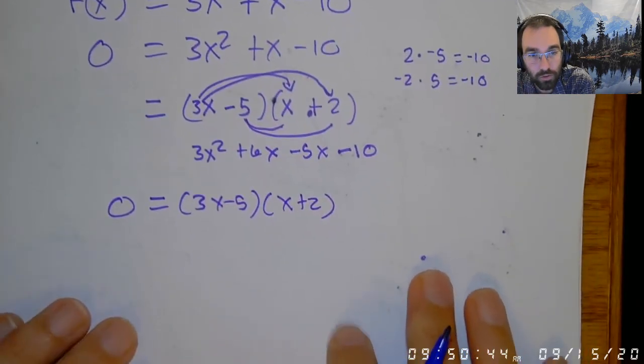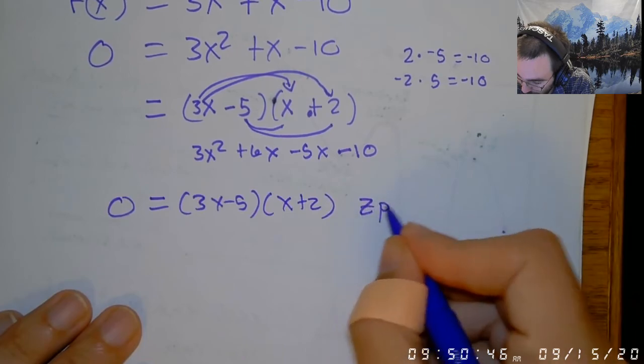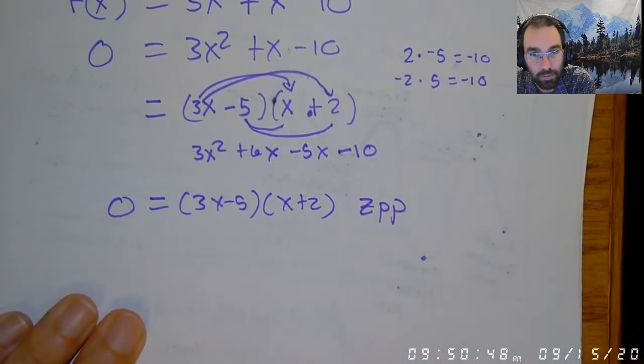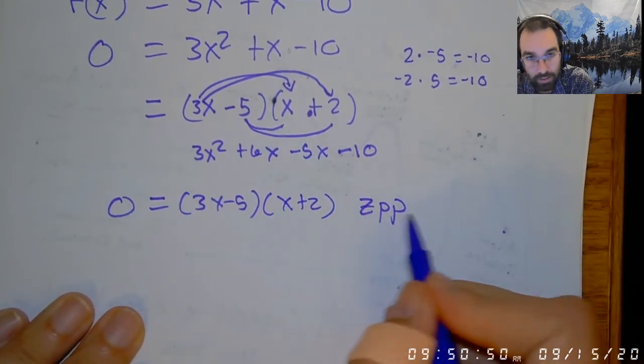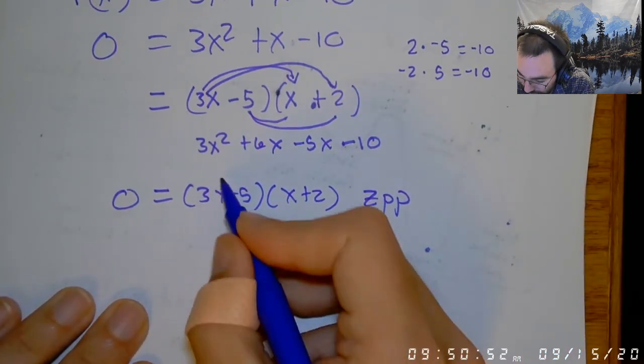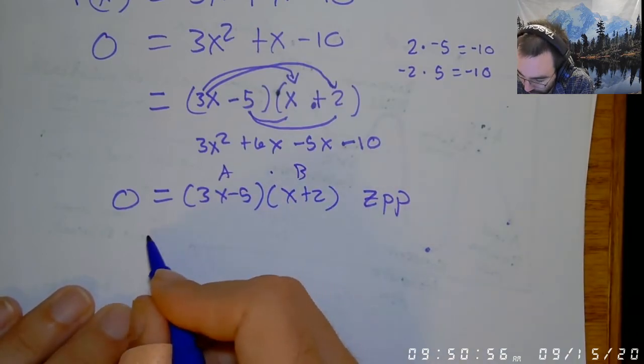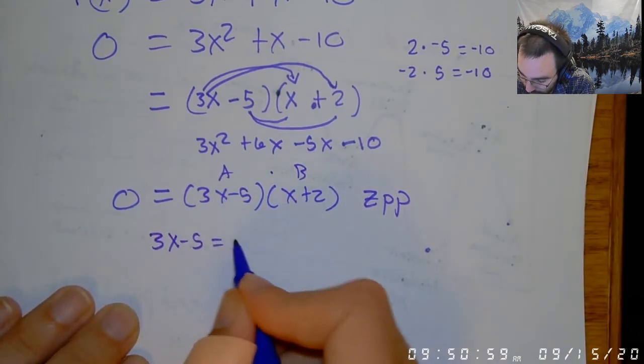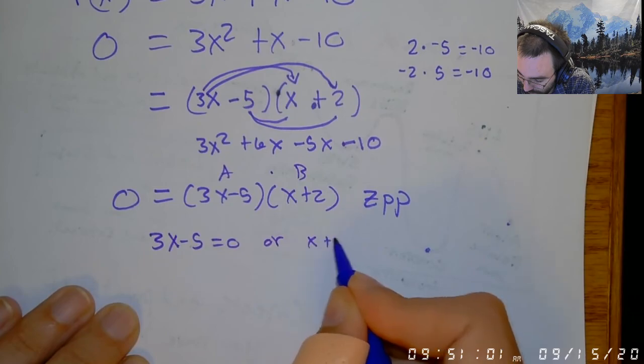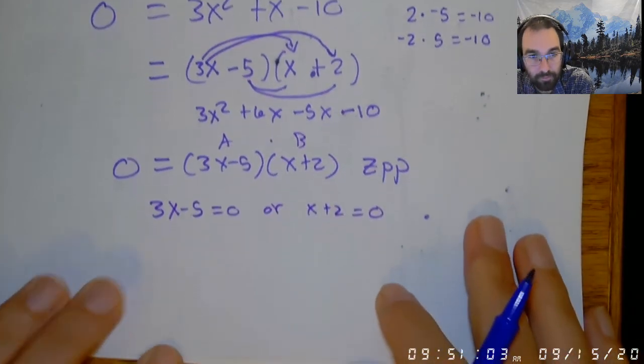Okay, so to do this, I use the zero product property, or as I like to call it, the ZPP. That says that if you have two things multiplying to 0, one or both of them have to be 0. So I would go 3x minus 5 equals 0, or x plus 2 equals 0.